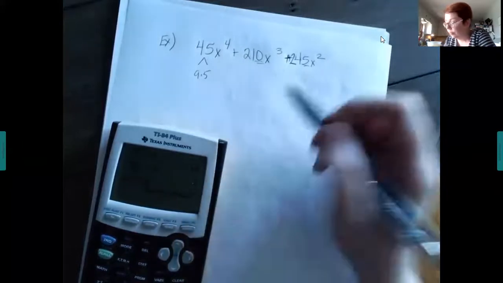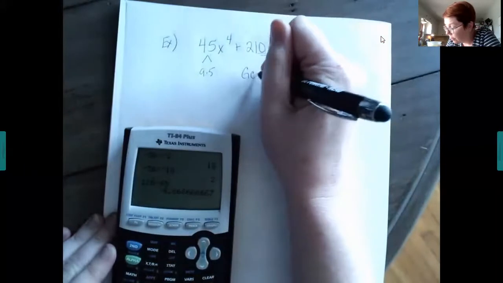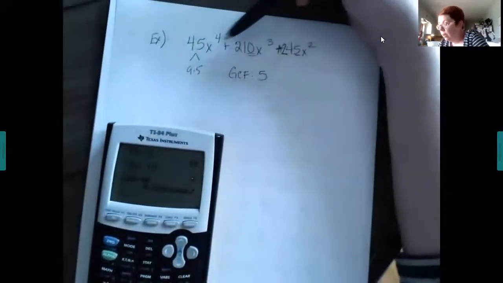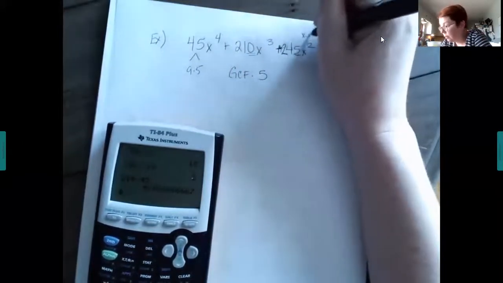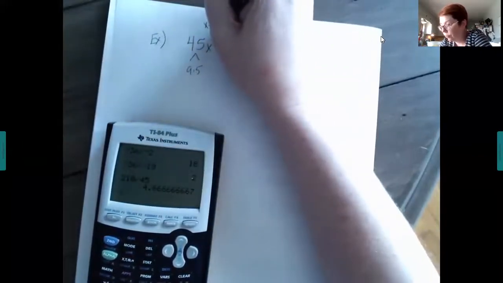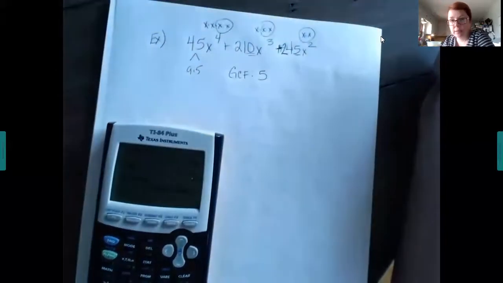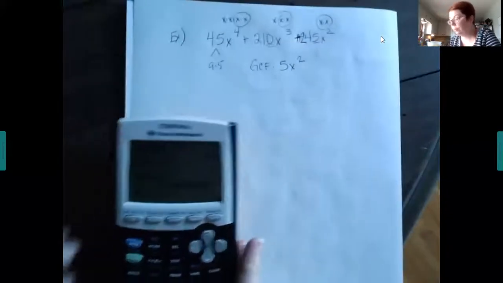Probably not 9. So I'm going to use the GCF of 5. And when I look at my x's, again, this has 2 x's to give. This has 3. This has 4. What they share in common are those 2 x's. So I can take out a 5x squared.